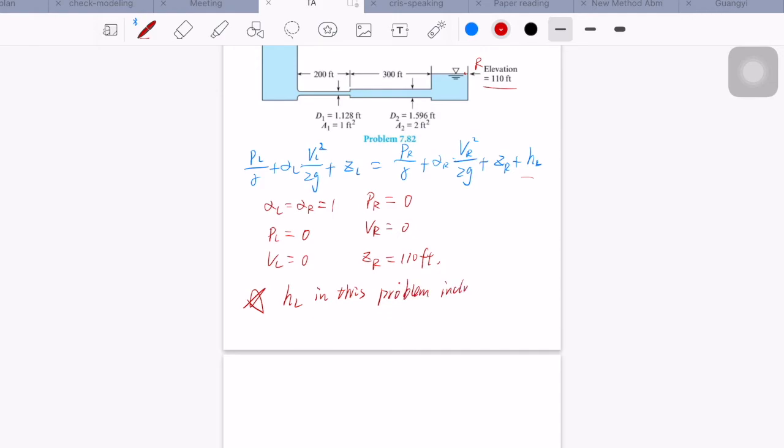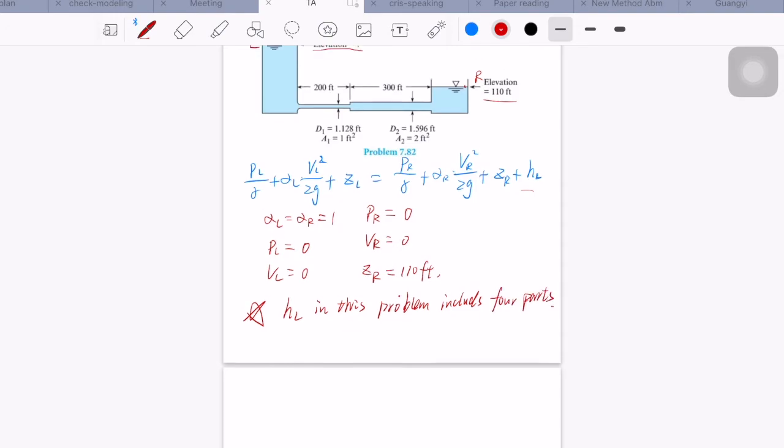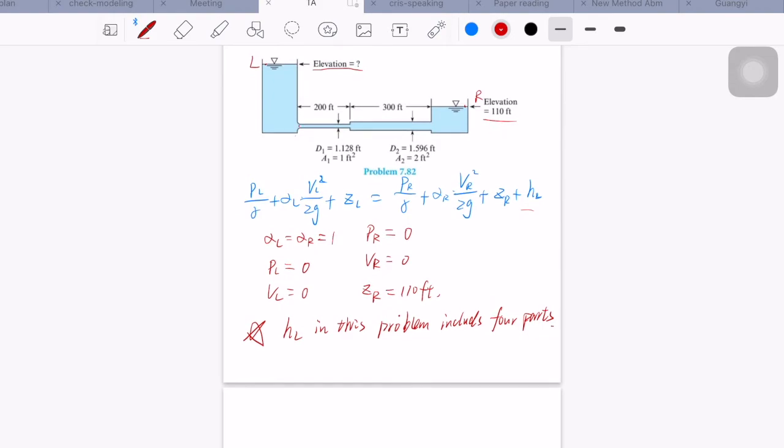includes 4 parts. And we assume this is point A, this is point B, this is point C. And we assume that the velocity in the pipe AB is V1, and the velocity in the pipe BC is V2. So the first head loss is in the pipe AB.